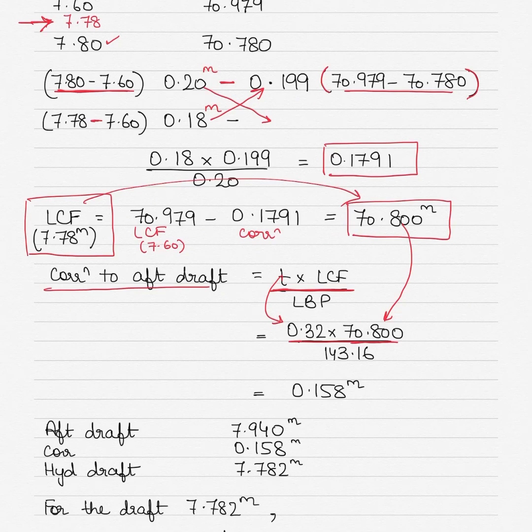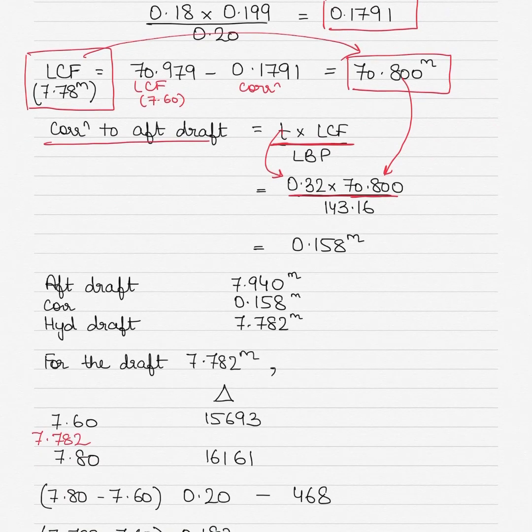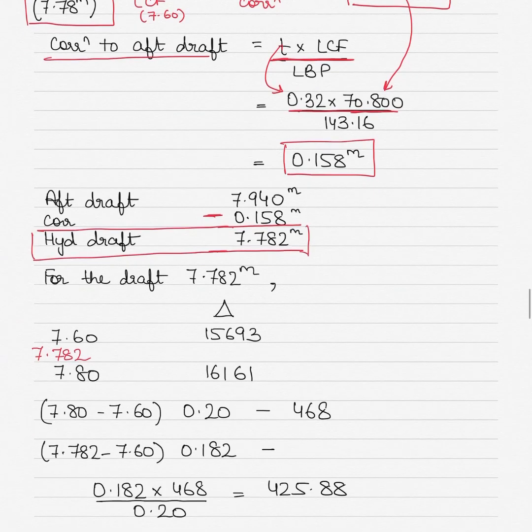So I have put this value here as 143.16. Once we put that in, we get the correction as 0.158, which we always apply to the aft draft. We subtract it from the aft draft to get the hydrostatic draft. So the hydrostatic draft we get is 7.782 meters.